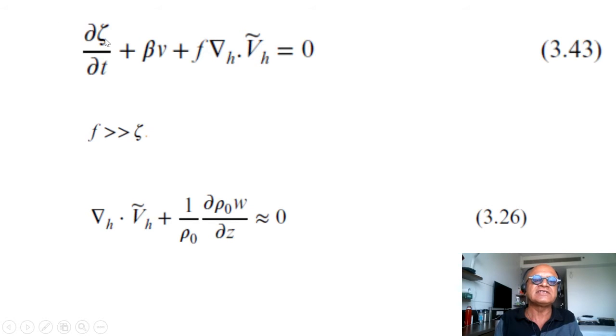We have d zeta/dt, the relative vorticity, plus beta v. This is df/dy, the gradient of Coriolis in the latitudinal direction. So that is the planetary vorticity varying with latitude. And this term we will see more soon. That's the planetary vorticity advection term.